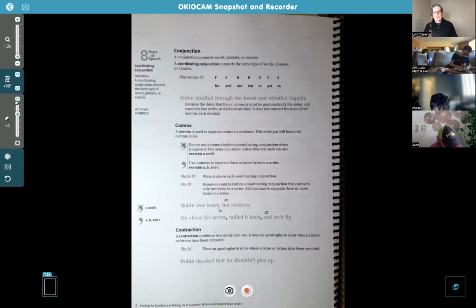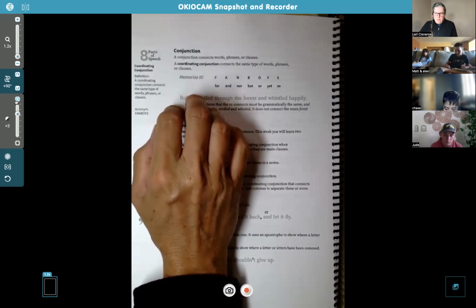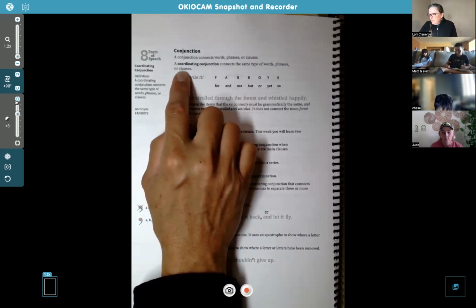It has a train, and each car of the train is connecting words together. So these are connecting words. Think of a train connecting the cars together. I'll share that video with you in Google Classroom. It's pretty good though.